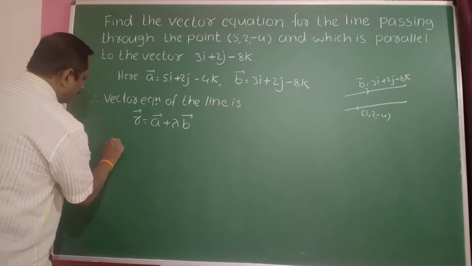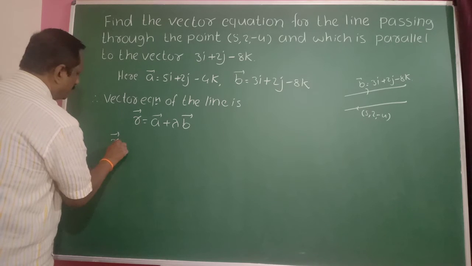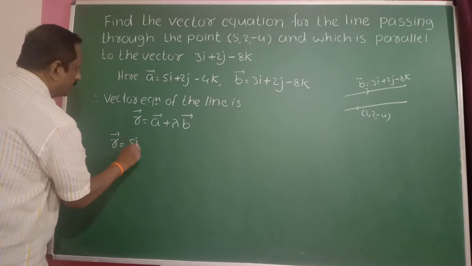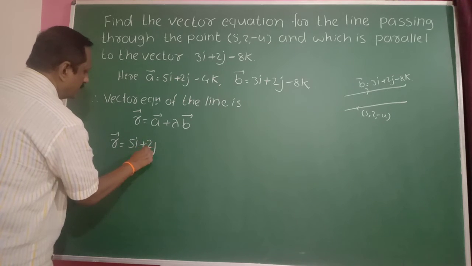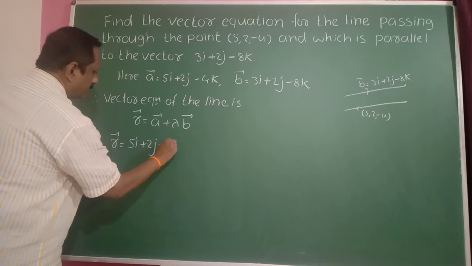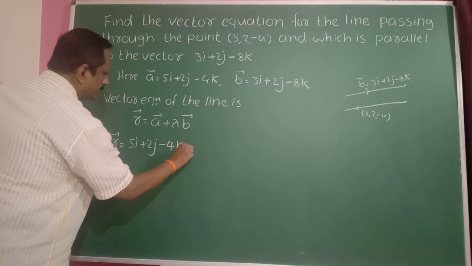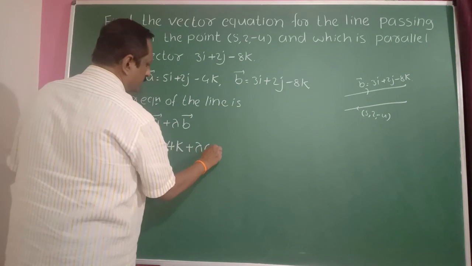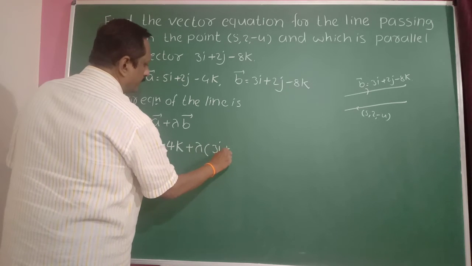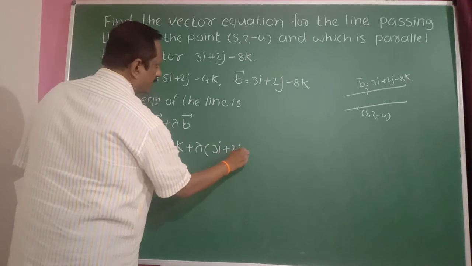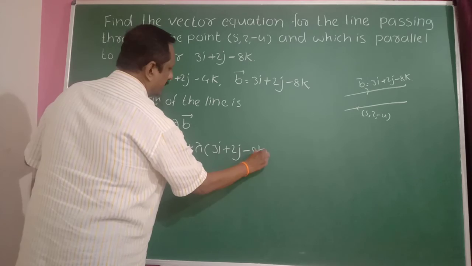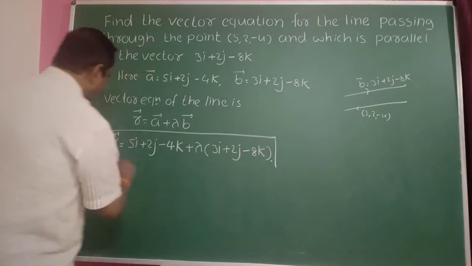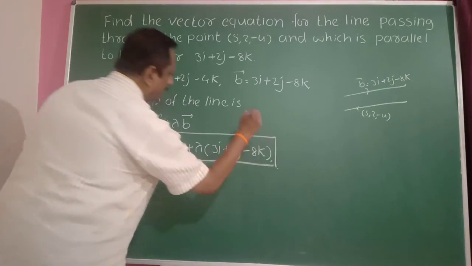Hence r bar = (5i + 2j − 4k) + λ(3i + 2j − 8k). So this is the vector equation of the line.